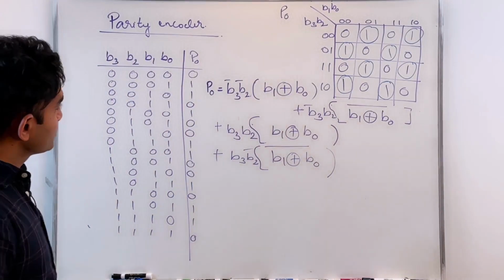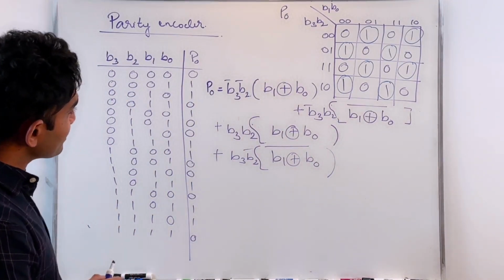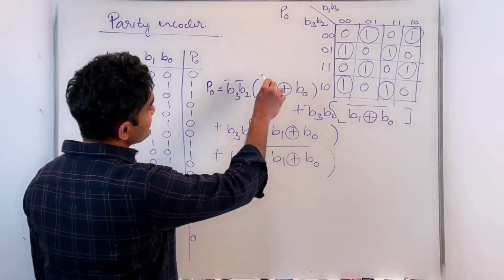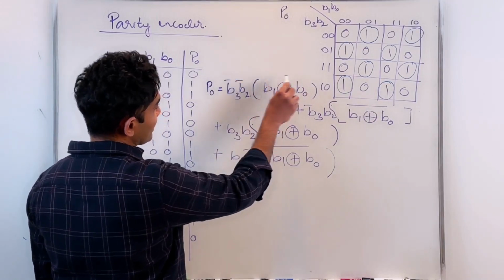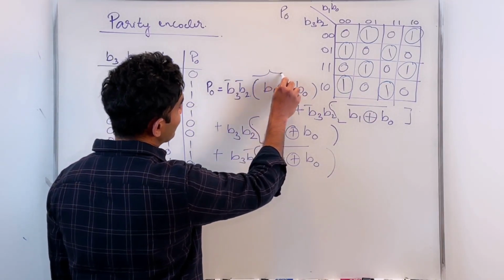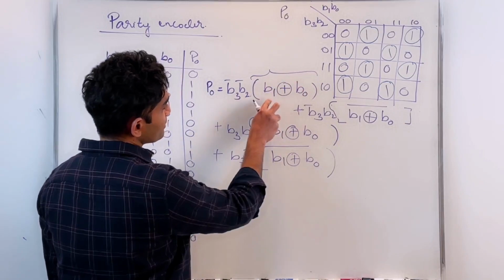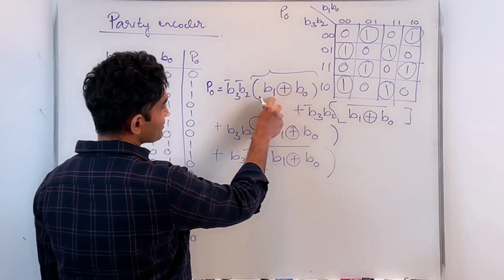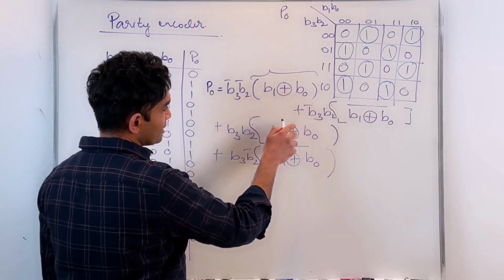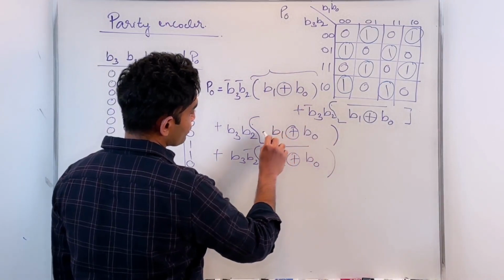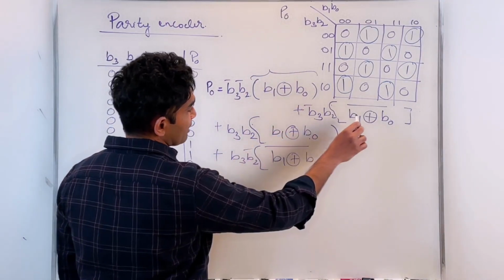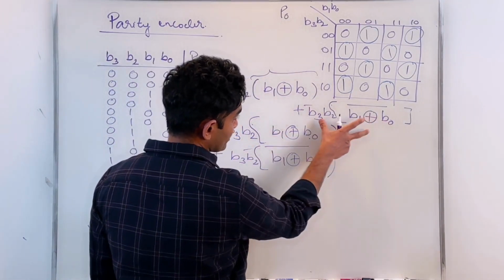Okay. All right. Now I see that in these expressions, I see again terms that have this part as a common factor. You see that? B1 exclusive OR B0 here. I have B1 exclusive OR B0 also in this expression. I have B1 exclusive NOR B0 here.